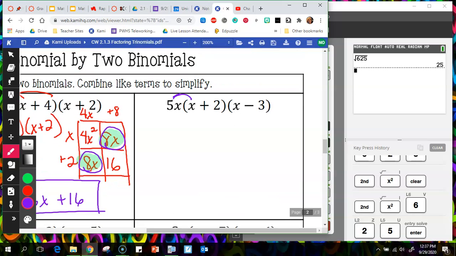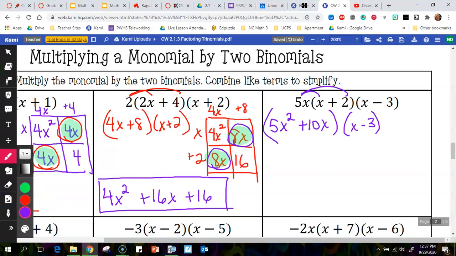Okay, so distribute the 5x. That's going to be 5x squared plus 10x. Leave that in parentheses, and then the x minus 3. I'm going to do this with FOIL. Some of you might be able to do this. I'm going to do this using FOIL. So 5x squared, this is my first term, times x. That is 5x cubed. Okay?